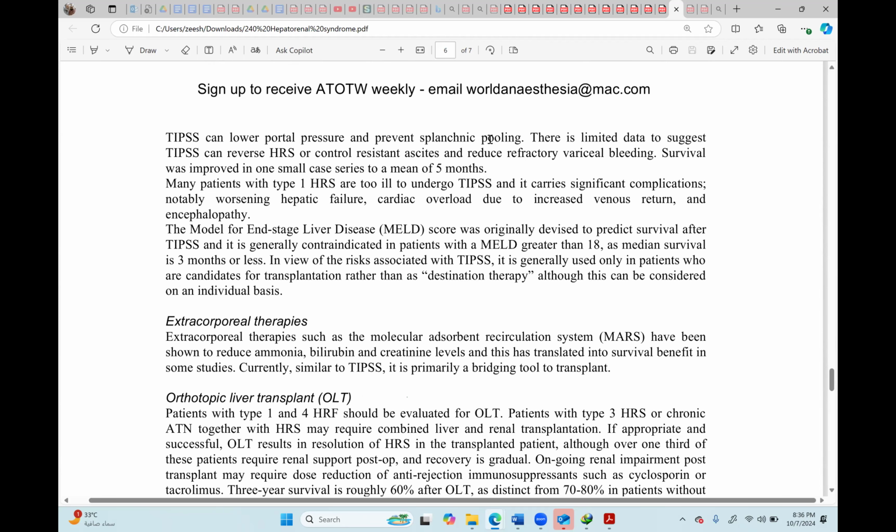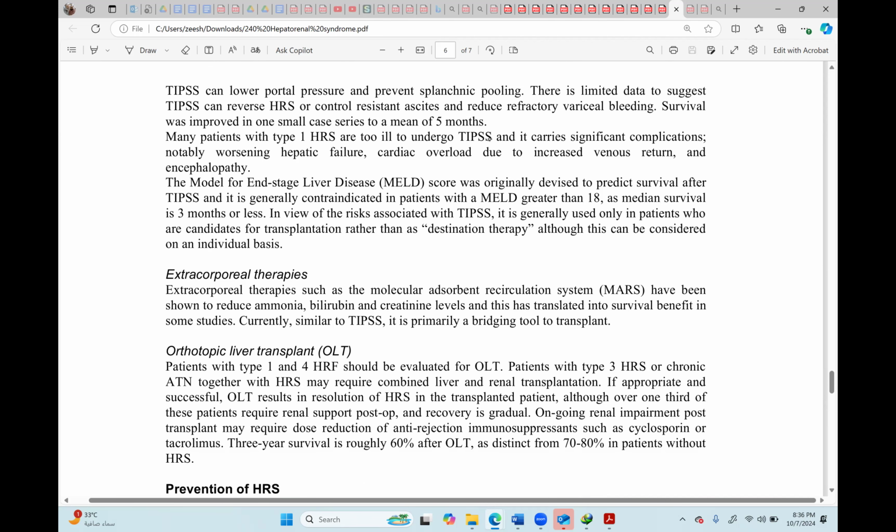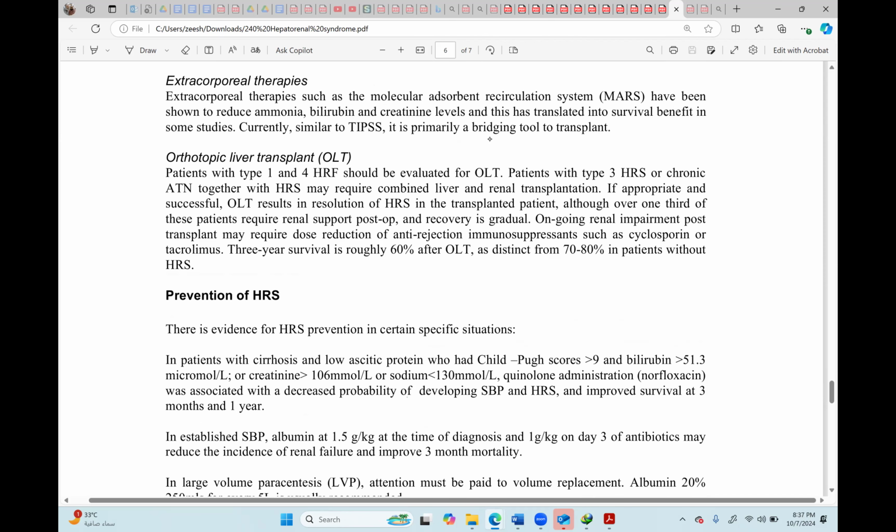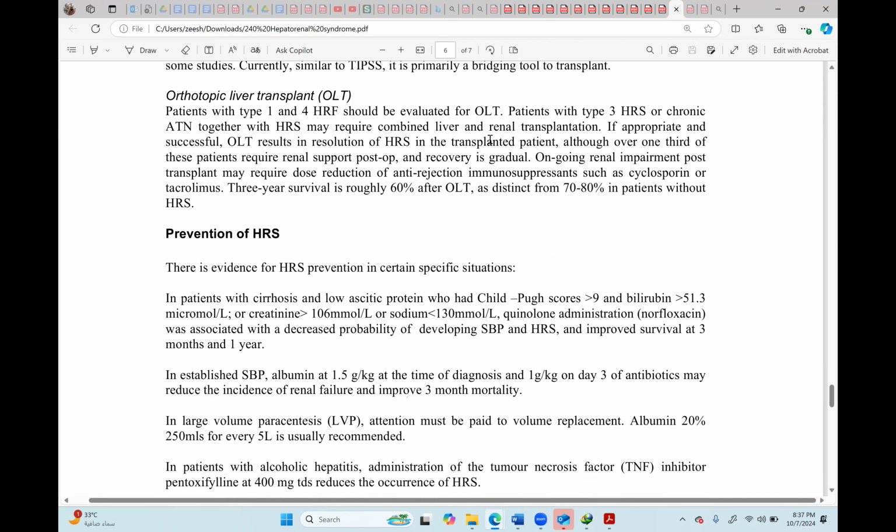It's unlikely that they will ask hepatorenal syndrome separately. It will come just in between the discussion, so we are just having a look. I don't think hepatorenal syndrome will be asked as a separate table viva topic.